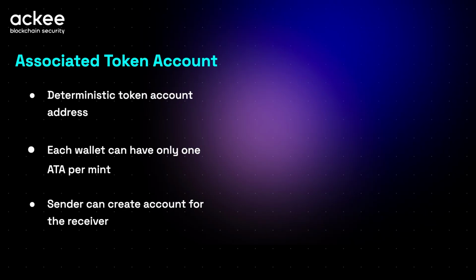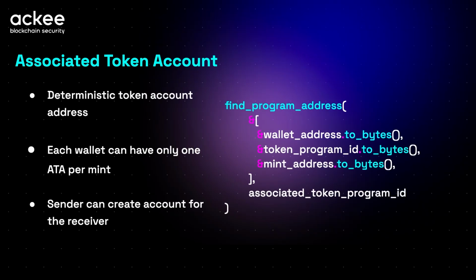So for example, if you were running an airdrop campaign or you wanted to send your friends some tokens, but you only knew their wallet address and not the token account address, you could transfer the tokens to their associated token account anyway. So this is how the address is derived, and these are the seeds. As you can see, there is the address of the token account owner wallet.